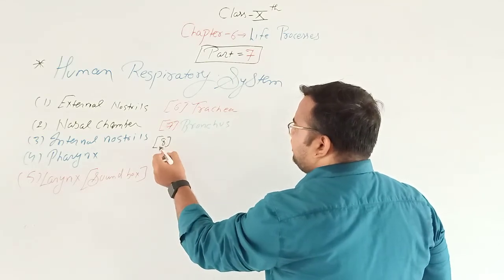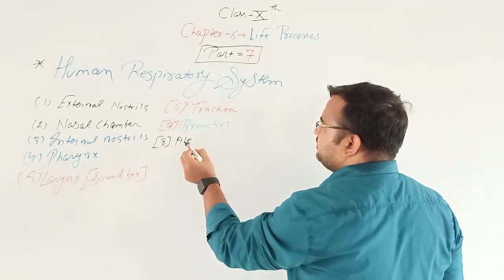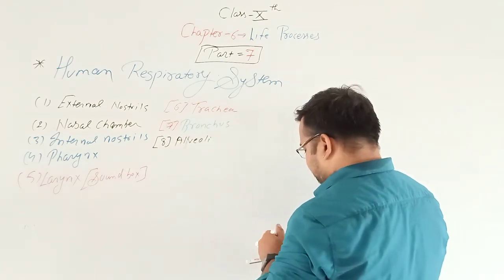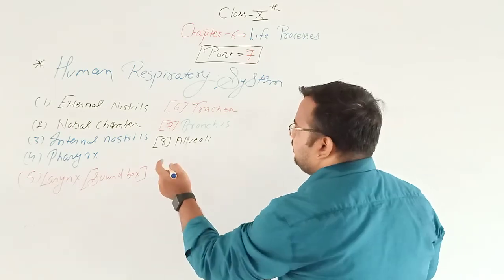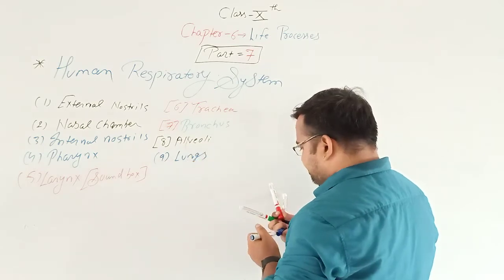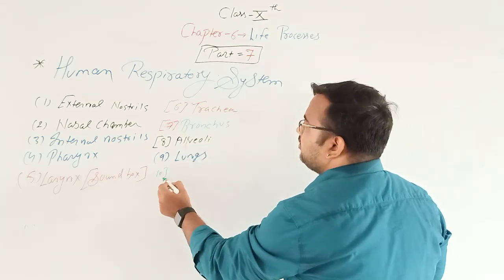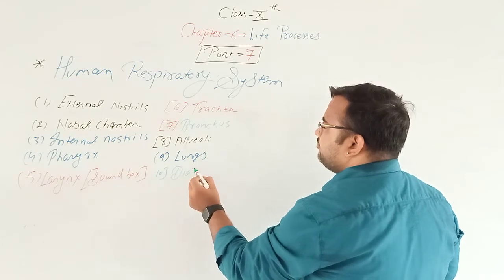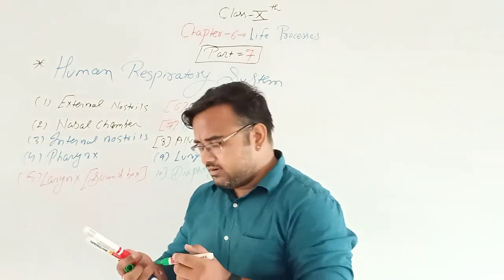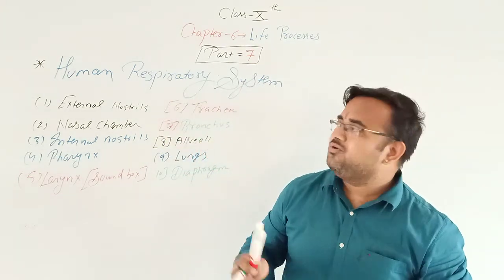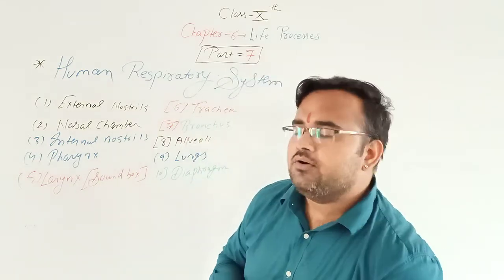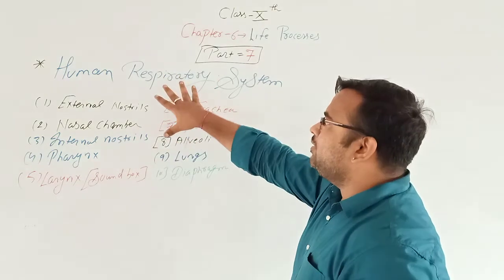The eighth part is the alveoli. The ninth part is the lungs, and the tenth part is the diaphragm. There are 10 parts in our human respiratory system. We are going to see each and every part in detail with the help of a well labeled diagram.